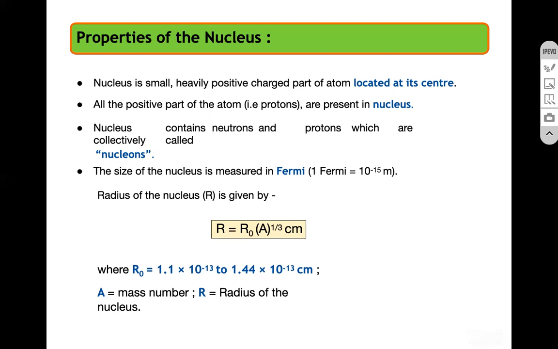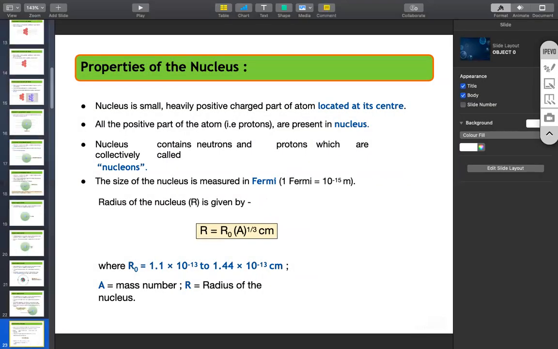So in the nucleus you have two things, neutron and proton, and collectively they are called nucleons. Any doubt? Collectively they are called nucleons, that is neutron plus proton.